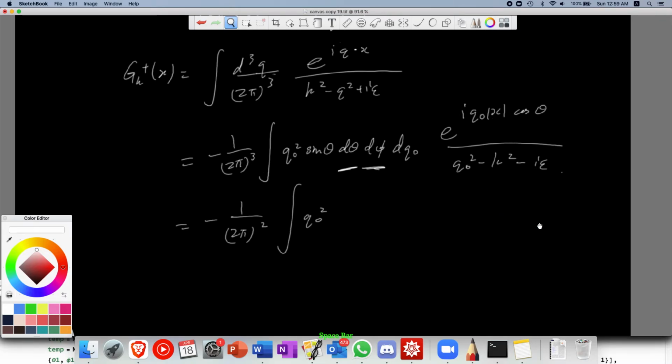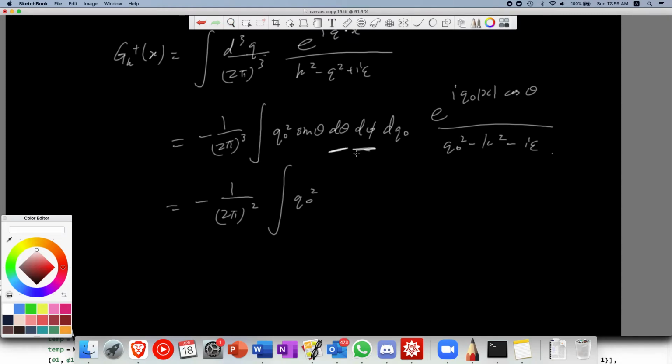That will simply give us e to the power of i q naught x cosine theta over, we bring this down, we are having i q naught x, but that picks up a minus sign, so this will be plus.